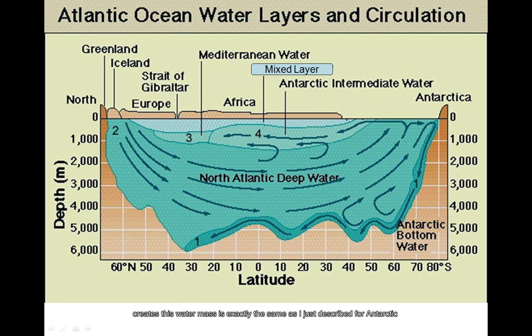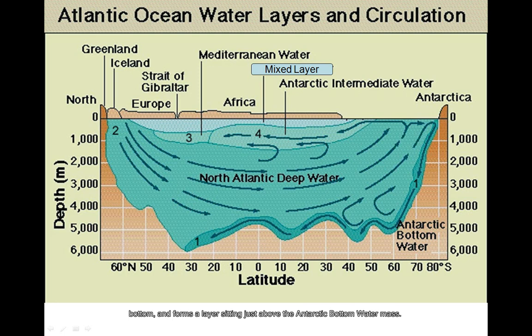It cools down to negative 1.7 degrees Celsius, freezes into sea ice, extra ions get excluded and leach out of the sea ice, and that increases the salinity and density of the remaining unfrozen liquid water nearby. This heavy water will sink downwards, almost to the bottom, and forms a layer sitting just above the Antarctic bottom water mass.